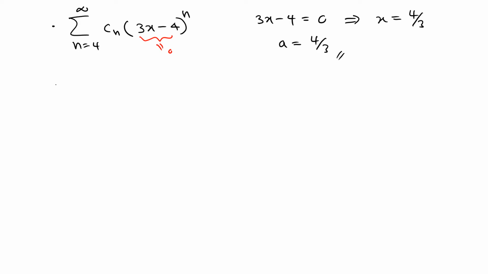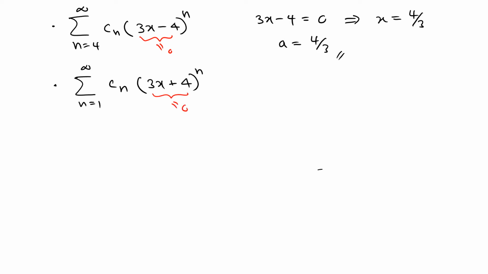Good. The next example, let's say we have sigma, n equals 1 to infinity, Cn, and then 3x plus 4 to the n. The same idea: we're going to set this equal to 0.